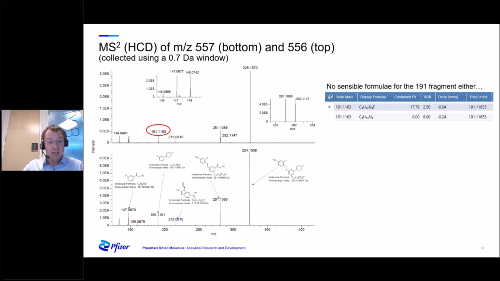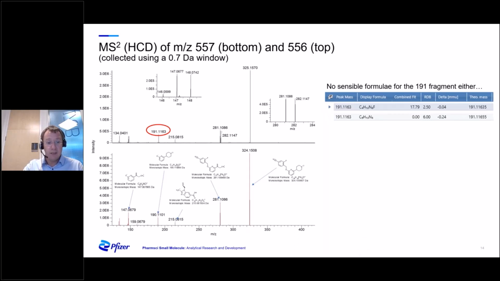Here we can see the assigned MS-MS spectrum of danuglipron at the bottom and the impurity at the top. And remember again, this impurity is chromatographically separated from danuglipron. And you can see the fragmentation between the two is very similar with many of the same ions.